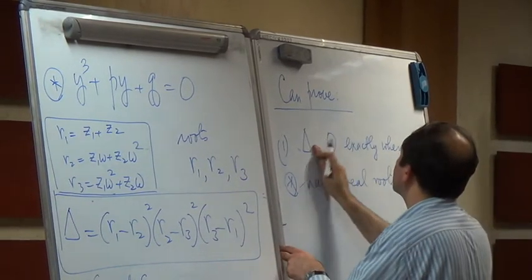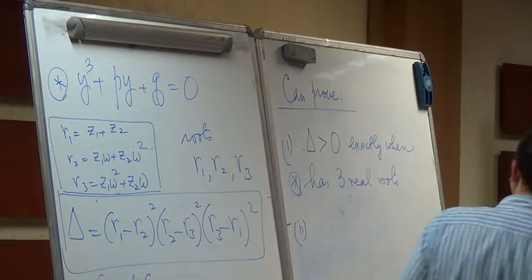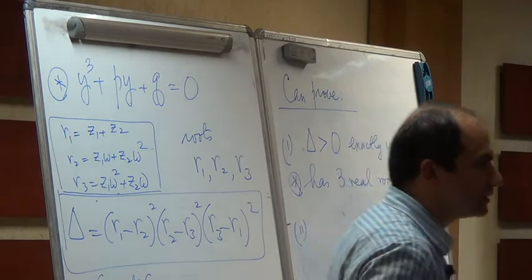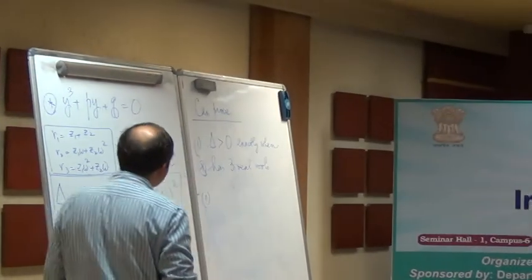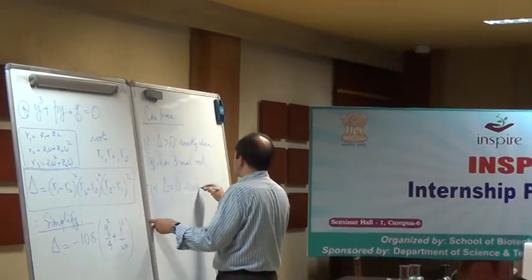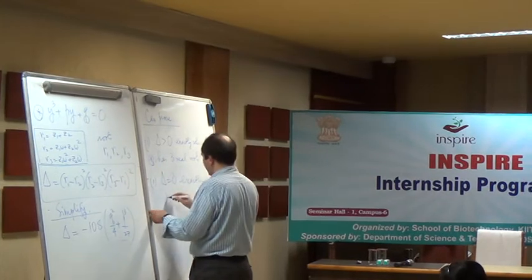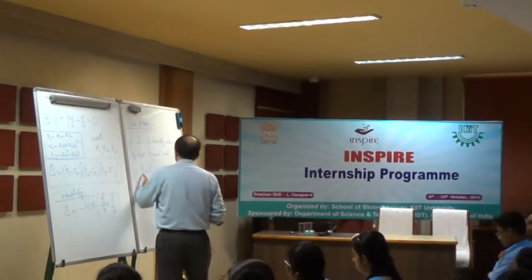Sorry, this is false. This is a precise statement. Delta equals 0 exactly when star has... delta will be 0.